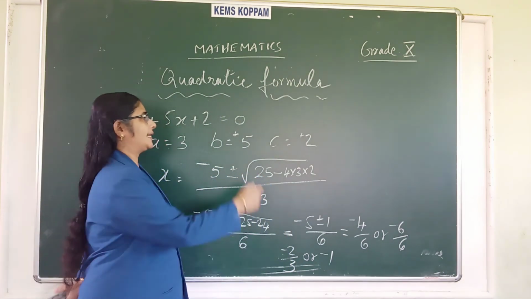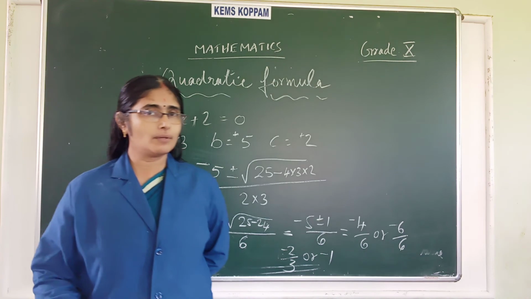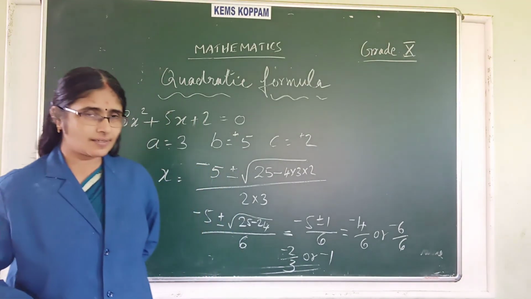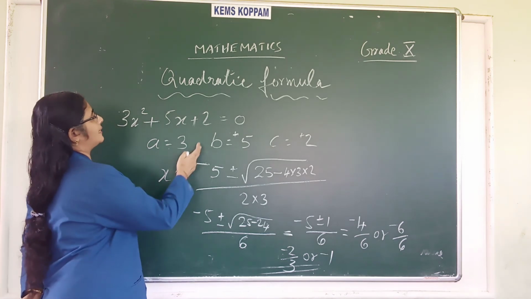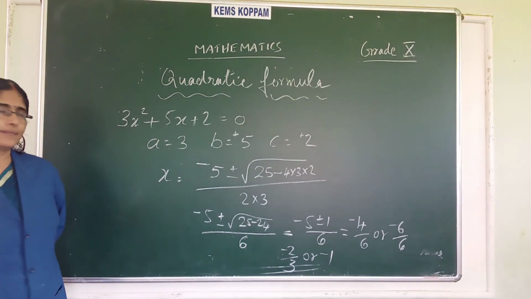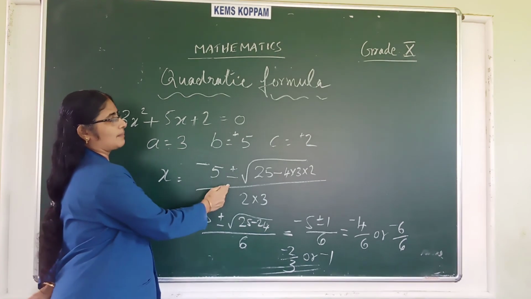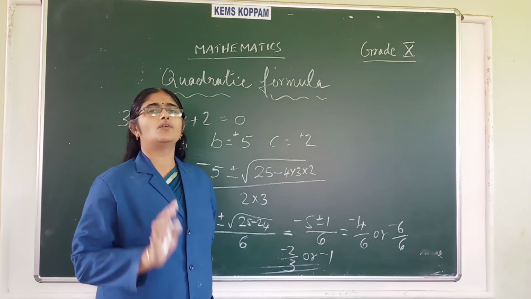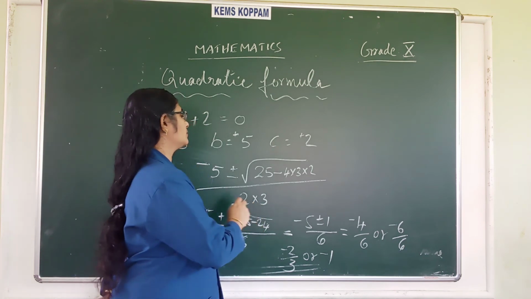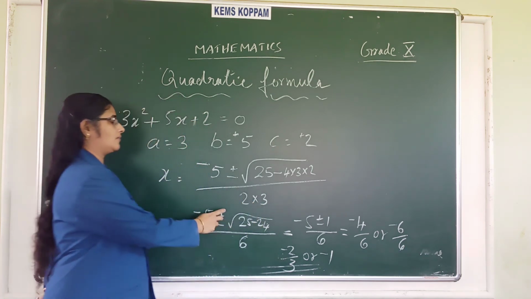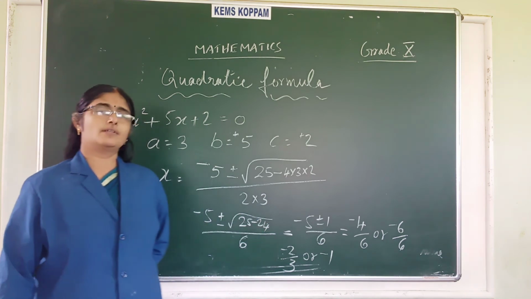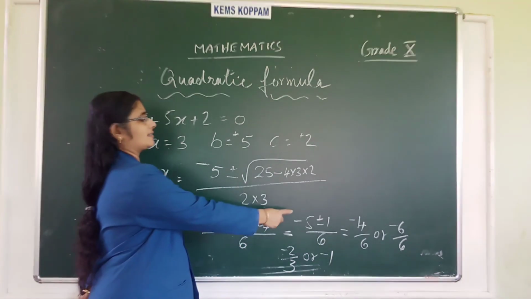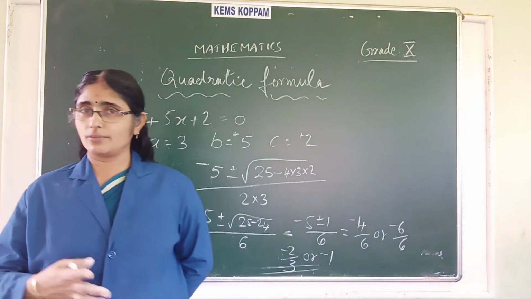Using this formula, negative b plus or minus root of b square minus 4ac, negative b that is 5, 5 plus or minus root of 25 minus 4 into 3 into 2, you get 25 minus 24, so root 1. 5 plus or minus 1 by 6, you will get 6 by 6 or 4 by 6.